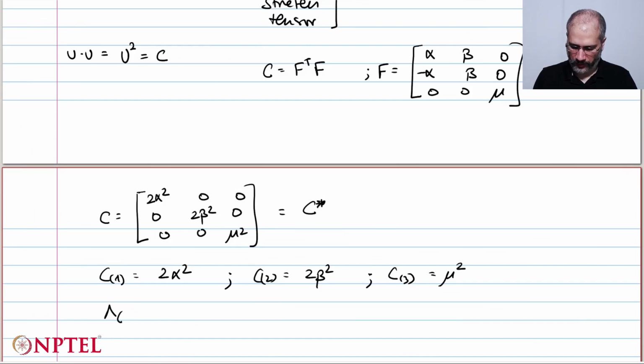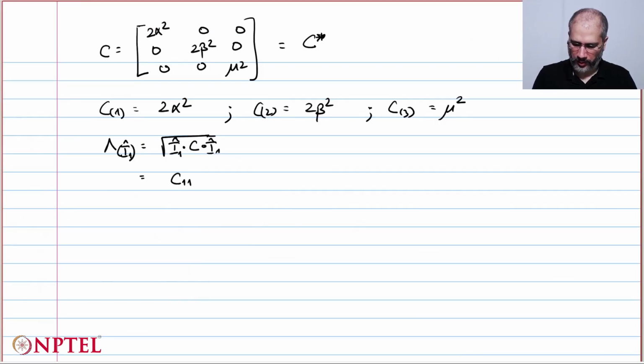And the stretch ratio in, let's say, the I1 hat direction was square root of I1 dot C dot I1, which is nothing but C11. So in this case, this is C1, the square root of that.